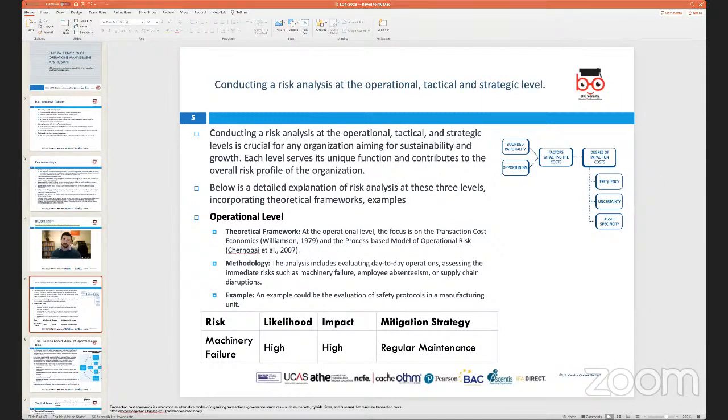Now, what we are looking at is primarily understanding how we conduct risk analysis, and why we need to break it into 3 categories: operational, tactical, and strategic. When we talk about risk analysis, the reason we need to break it down into 3 different levels is simply that when we identify a problem or an issue, we also need to identify where the problem is actually occurring.